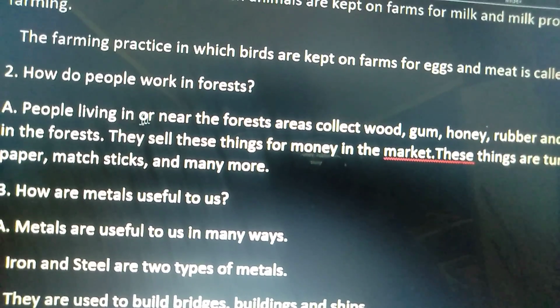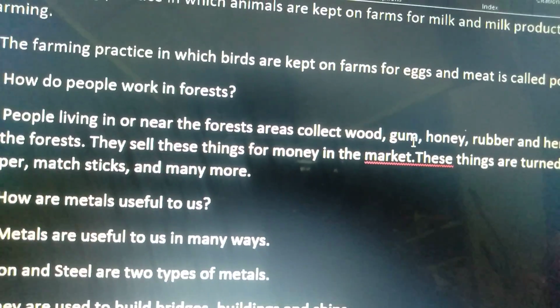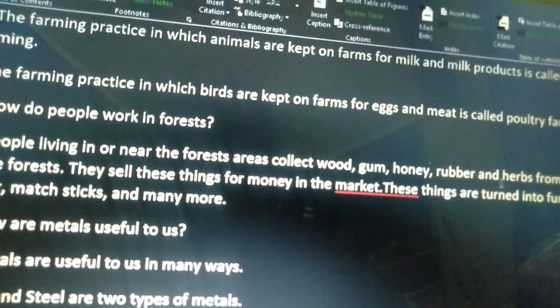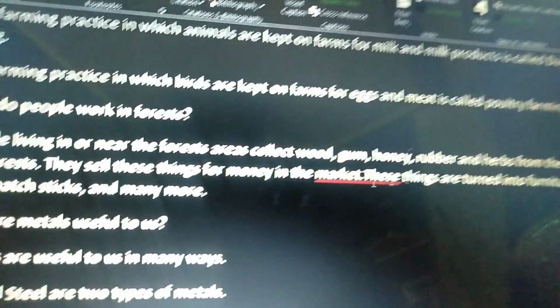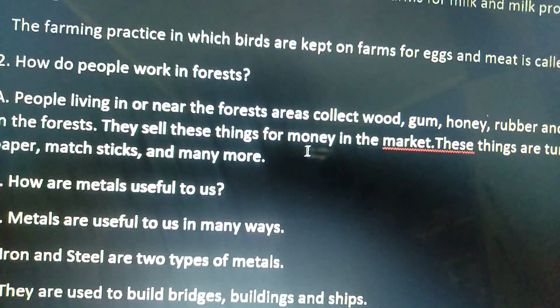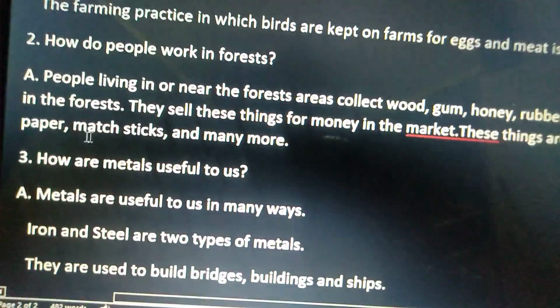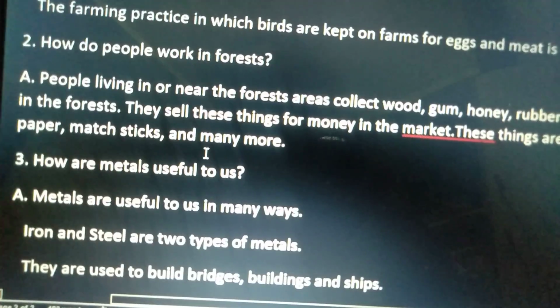People living in or near the forest areas collect wood, gum, honey, rubber and herbs from the trees in the forest. They sell these things for money in the market. These things are turned into furniture, paper, matchsticks and many more.